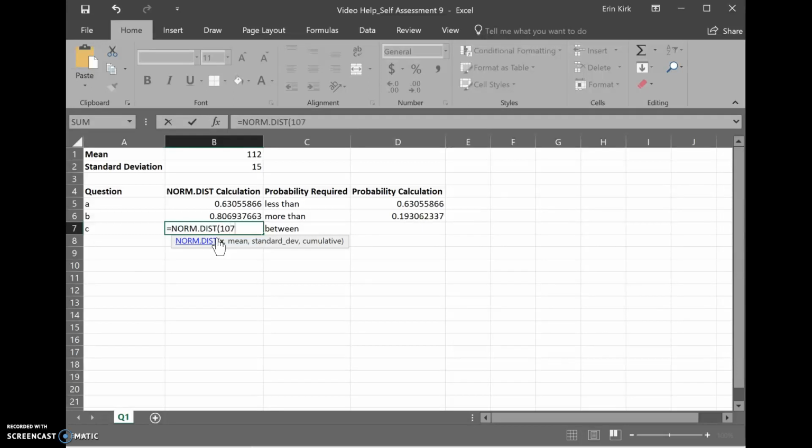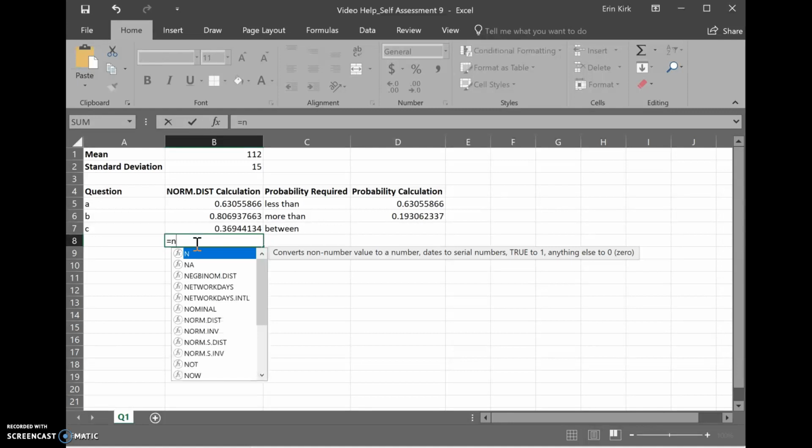So starting with either X value, in this case I'll do 107, the same mean and standard deviation for the whole question. Always again, true for the cumulative distribution function. So here I've calculated the probability that a randomly selected infant would weigh less than 107 ounces. And in the cell below, I'll do the same for our other value of 140 ounces.